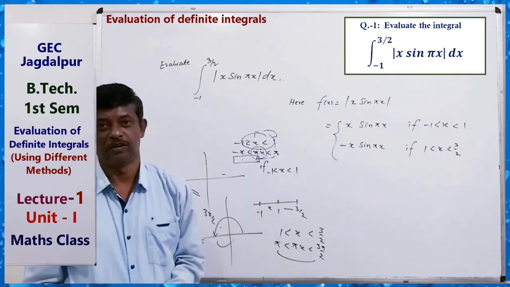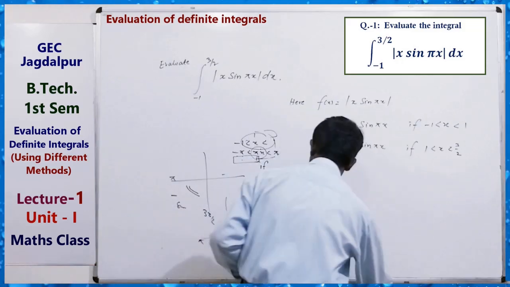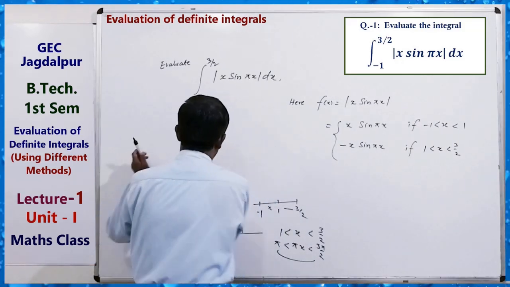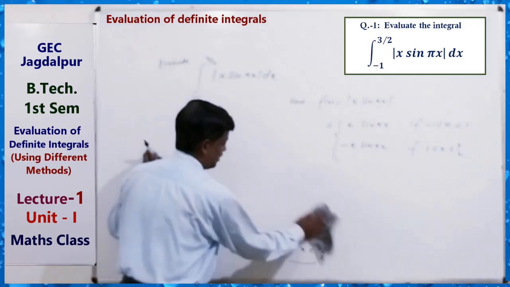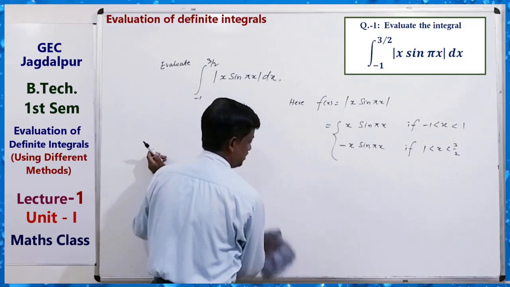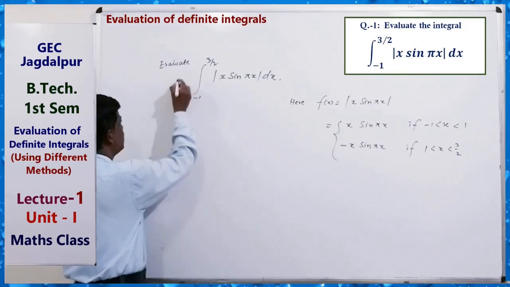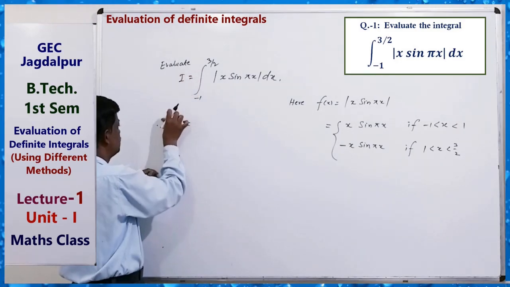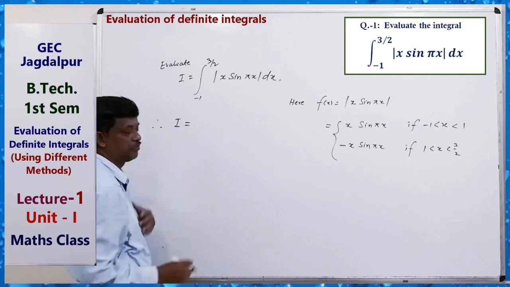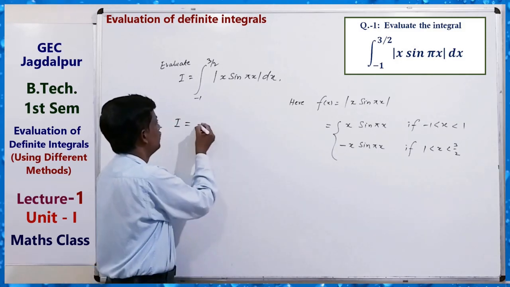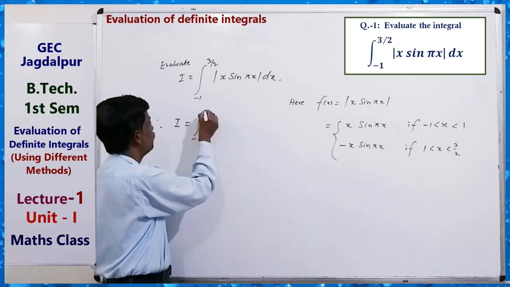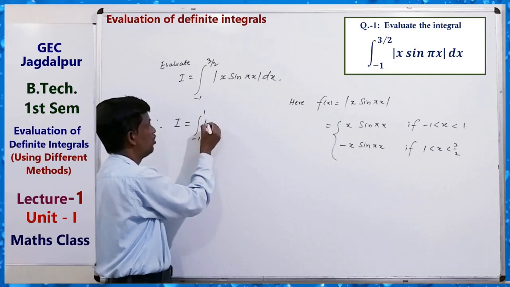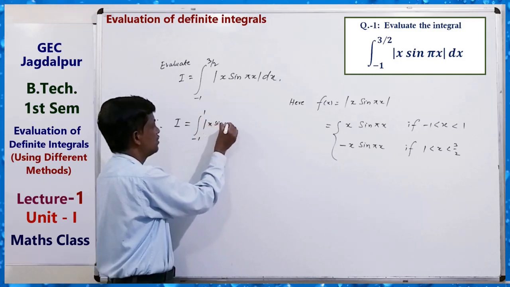This is the breaking of this mod. Now we can solve the integration. Very simple. After breaking this mod, therefore I equals to what? Integral from -1 to 1 of mod x sin pi x.